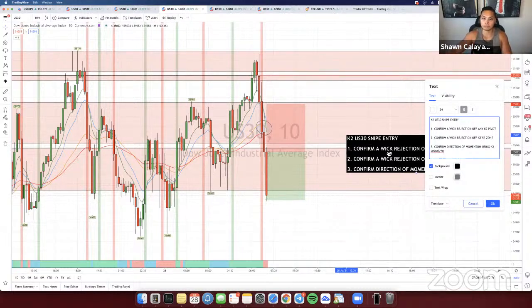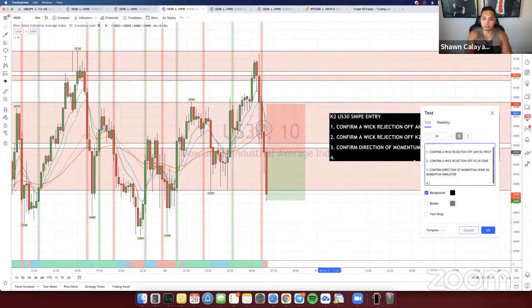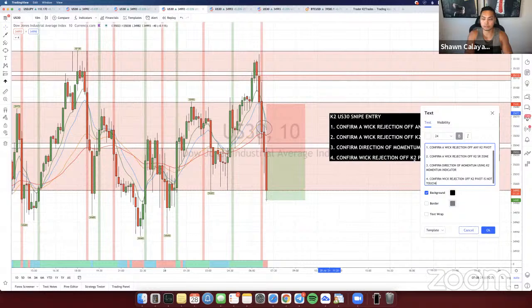This thing keeps clicking out. And then lastly, you want to confirm the wick rejection off the K2 pivot is not touching the candle body.